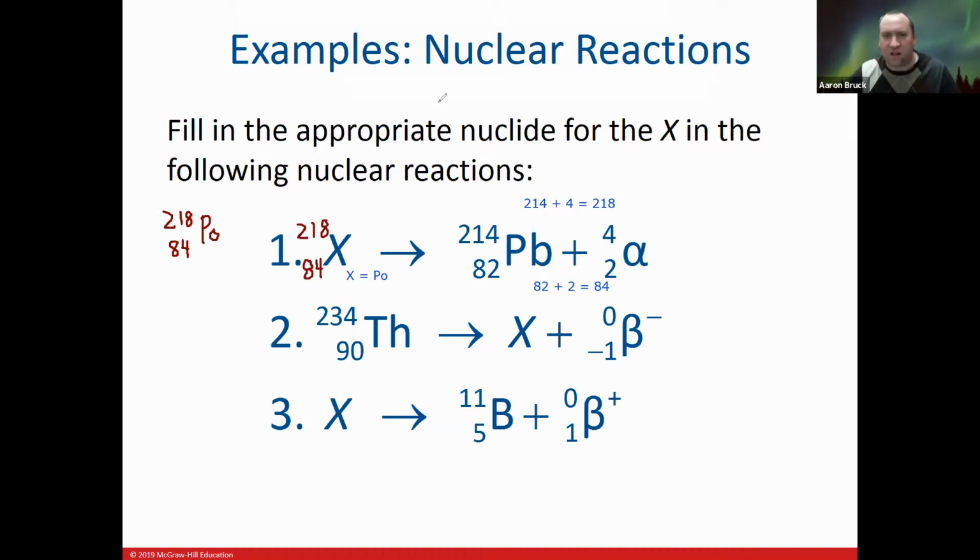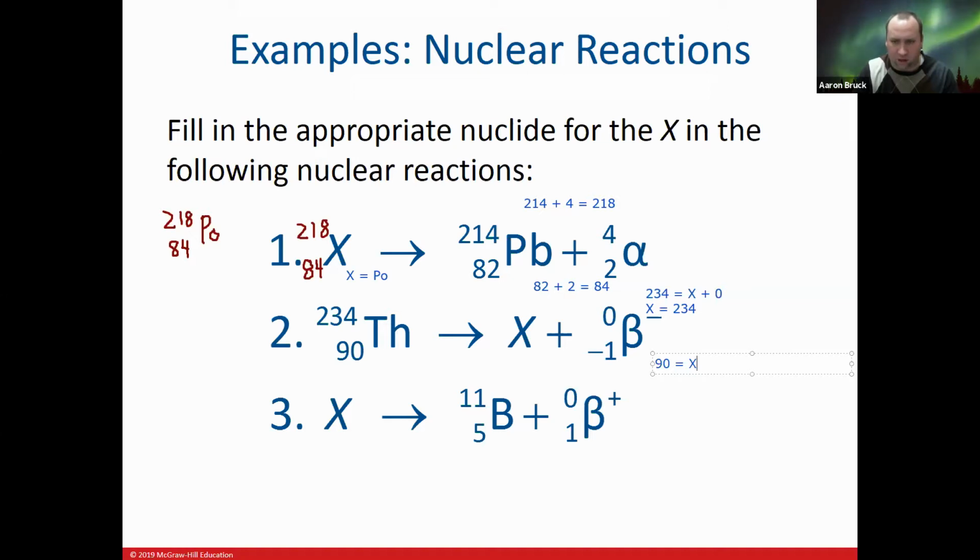In a similar fashion, I could do the same kind of thing with number 2. Thorium 90, 234 is giving me a beta particle and an electron. So I can approach this and say, okay, 234 is what I'm trying to get to. 0 is what I have so far. So X must be 234 in this case. And on the bottom side, 90 is what I'm going for, because that is the atomic number of thorium.